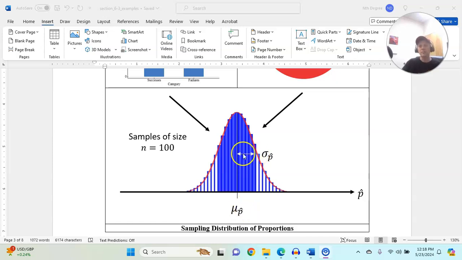Furthermore, this pile must have some width. It must have a standard deviation, the half width of the heart of the distribution. So these sample proportions have some standard deviation, and therefore we call it the standard... I'm sorry, I used the word deviation. I should have used the word error. Why? Because these are not individuals anymore. They're samples.